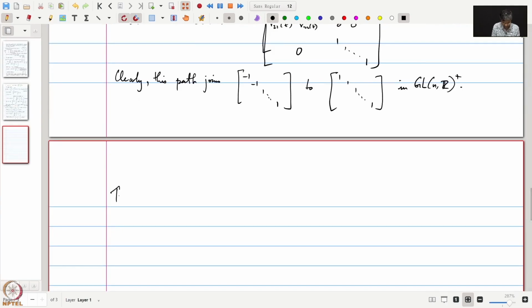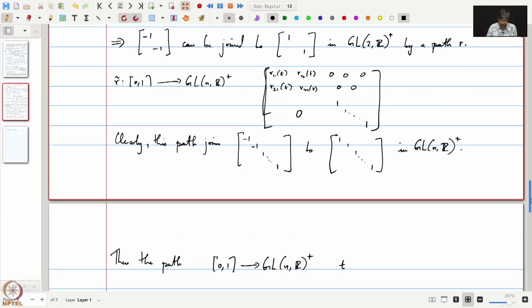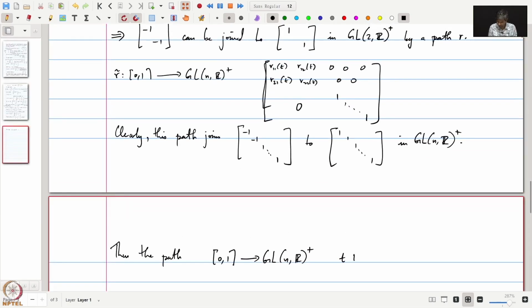Then the path from 0, 1 to GL n R plus given by t goes to, okay, this path is what we are calling gamma tilde t.